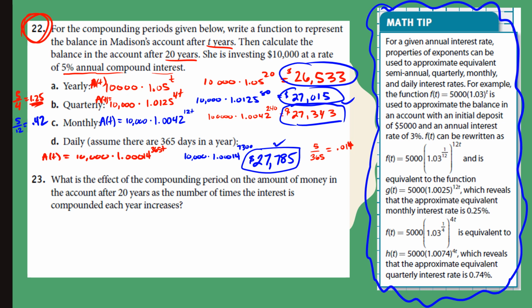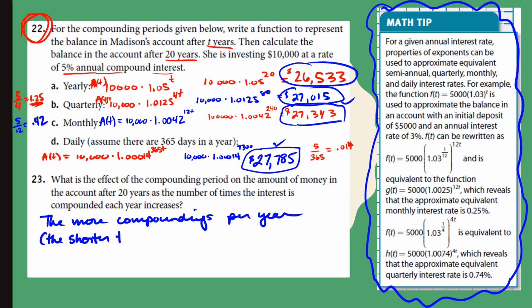So then the question is, what is the effect of the compounding period on the amount of money in the account after 20 years as the number of times the interest is compounded each year increases? So the more compoundings per year, or aka the shorter the compounding period is, so if it's 3 months or 1 day, whichever one's shorter, that means it'll be compounding more times.